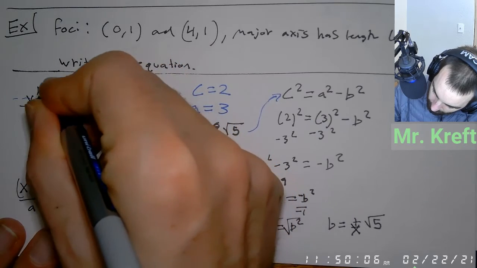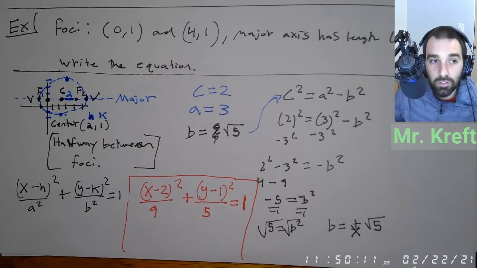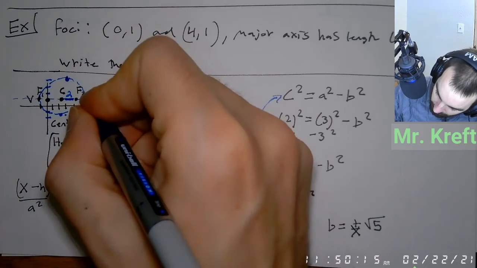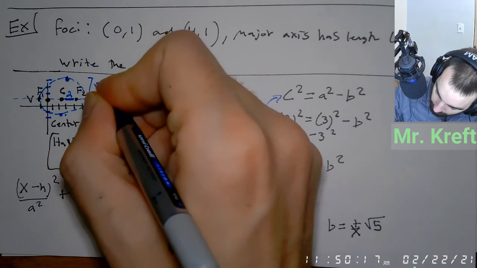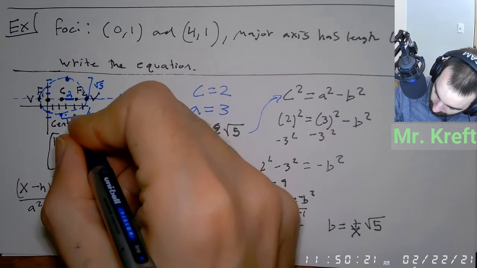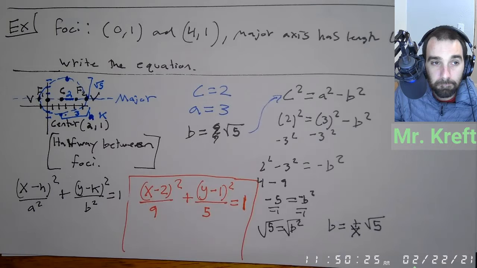So if I had to sketch, it looked something like that. There's my sketch. Kind of cool, right? So this height right here is square root 5. This height right here is 3. Right, that's everything that's going on there.